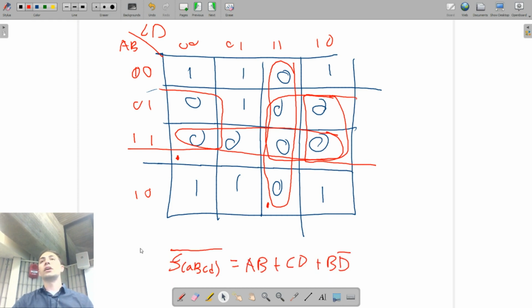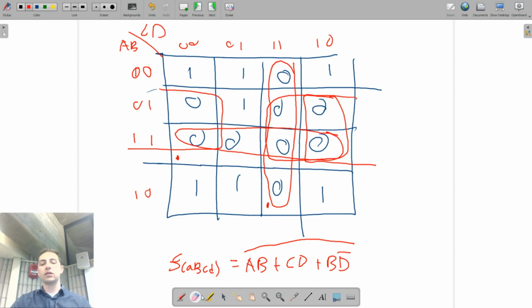Yes, De Morgan's law. So if this is F bar, it's what F isn't, I could invert both sides, and F double bar is just F, right? So I could say that F by itself is equal to this.